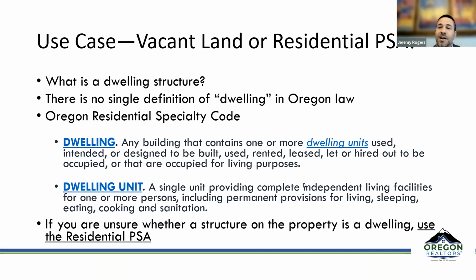Is there any kind of commercial activity or business being run out of the shop or garage? If so, then the commercial agreement would be more appropriate. But if there is just a structure that's a shop or a garage that's not designed for or really capable of living in, and it's also not being used commercially, then you could use the vacant land agreement.